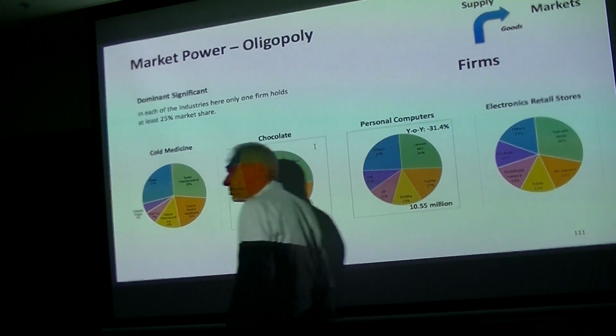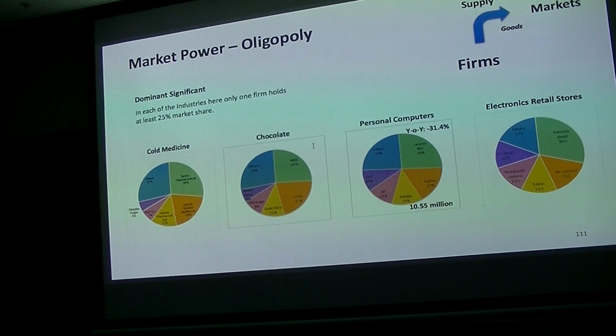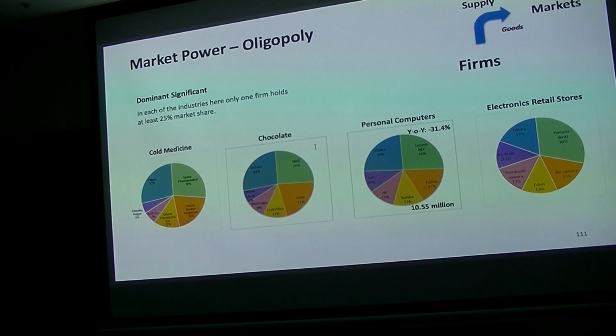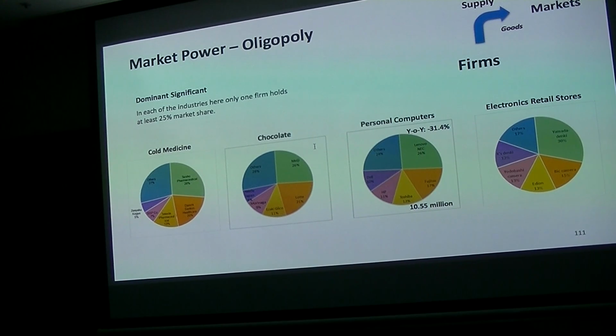That probably tells you it's thin margins, very thin margins in an industry with that kind of market structure. There are enough firms that when you go out shopping, there's lots of competition. So I'm sure that's going to reflect the fact that it's very low margins.